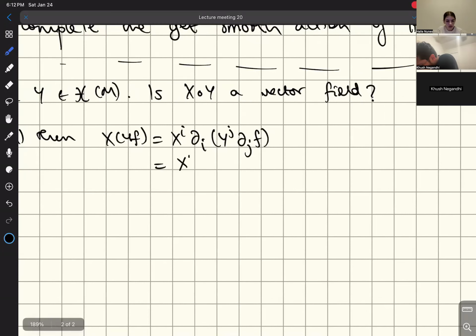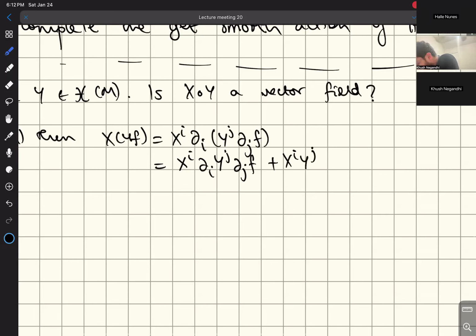So we get X^i (partial_i Y^j) partial_j f plus X^i Y^j partial_i partial_j f. So this is clearly not a vector field because this is a second order derivative.